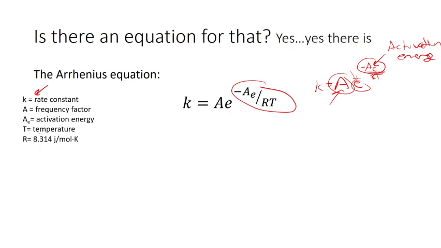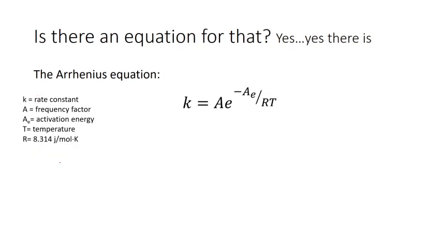T is most often temperature, and R is the ideal gas constant, but this one is specifically 8.314 joules per mole Kelvin, because we're dealing with energy, so we have to have that unit of joules. So that is one form that you might see this in.